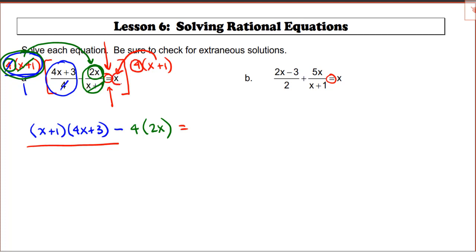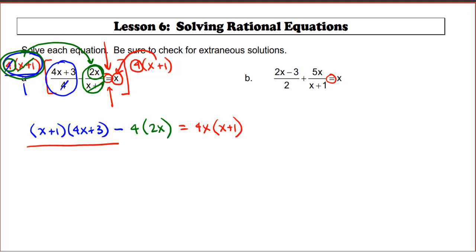Do you see x? Well, that's 4x. And it's going to multiply by the x plus 1 eventually. And what don't you see in this step? You don't see fractions. So in equations, we can clear fractions.